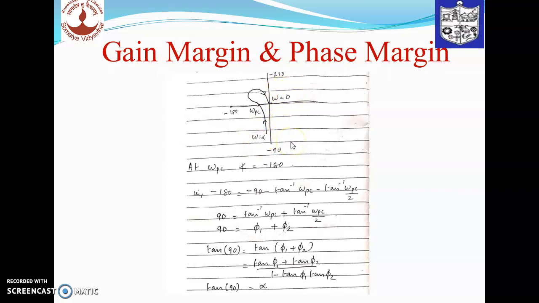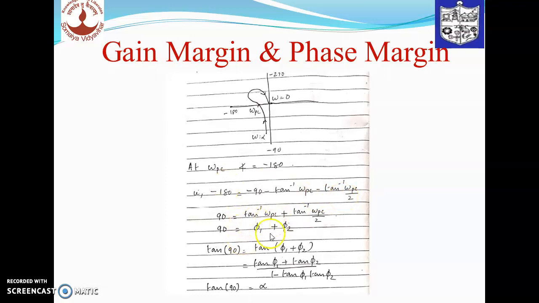Now at omega pc, the angle of the open loop transfer function GH will be equal to minus 180. So if I have to find the angle at omega pc, which is minus 180, this is the angle expression of my transfer function: minus 90 minus tan inverse omega pc minus tan inverse omega pc by 2.